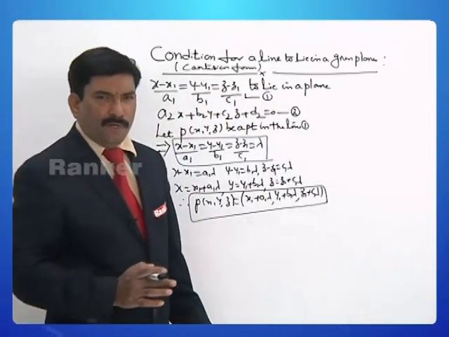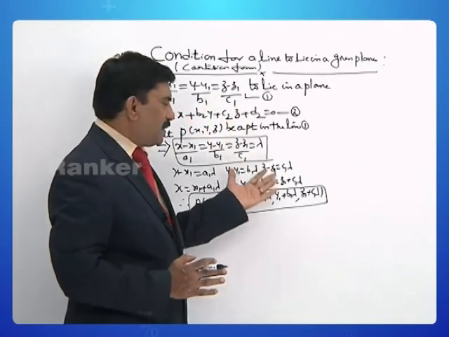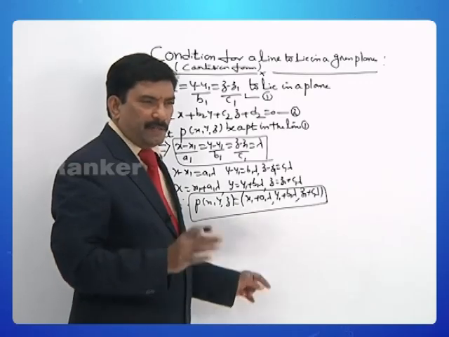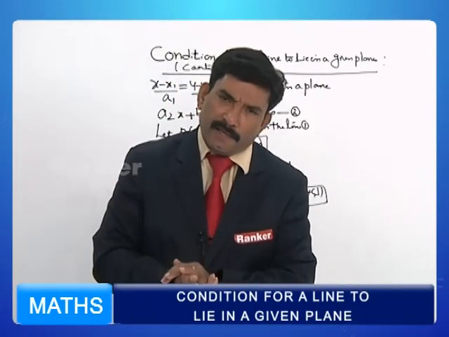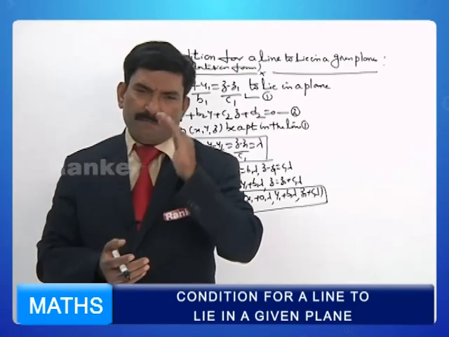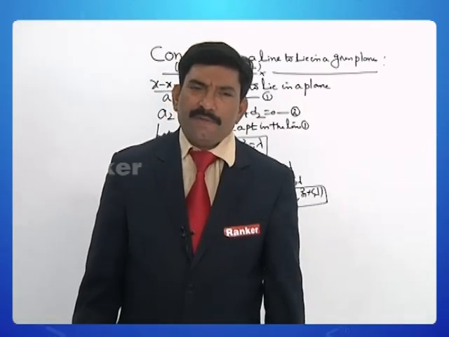So since this line contains this point, P must also lie on the plane, which is a2x plus b2y plus c2z plus d2 is equal to 0.